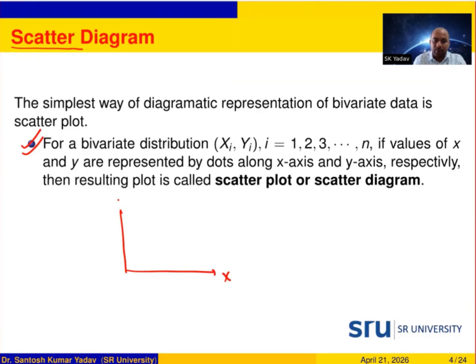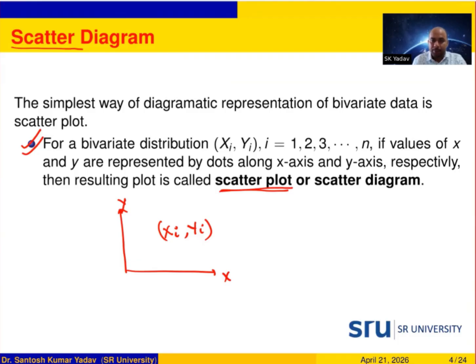The x variable is on the x-axis, the y variable is on the y-axis. We plot these variable values in this xy plane and see whether these points make any kind of pattern or not. This type of plot is called a scatter plot, and it is very important to analyze the relation between two variables.